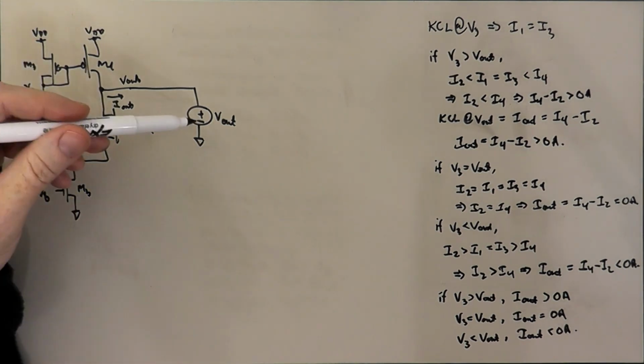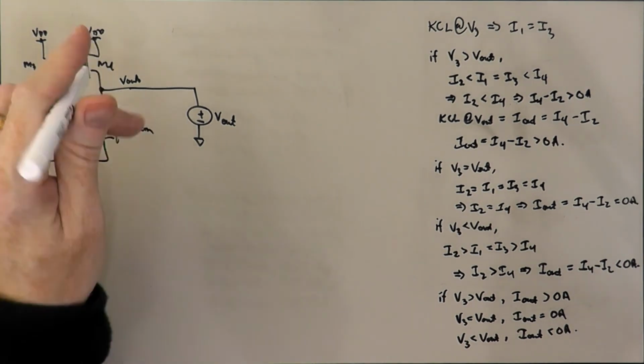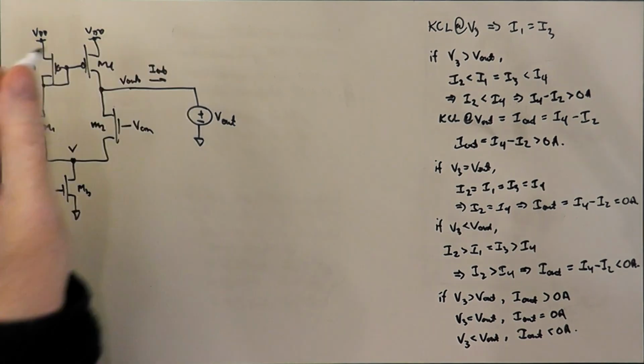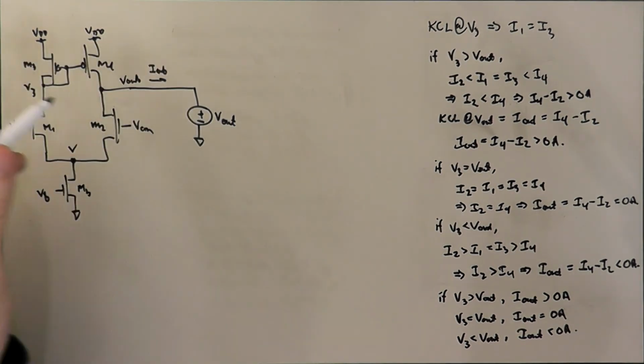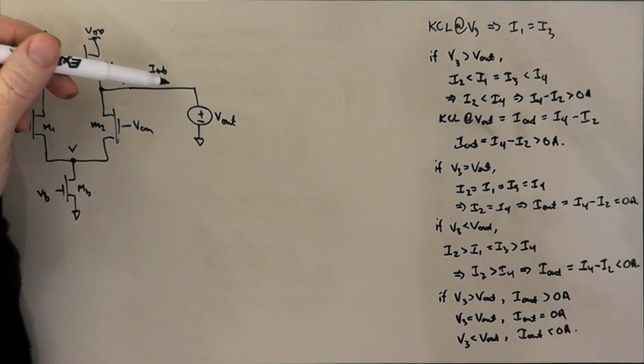If V out is less than V3, we figured out that I out will be positive, right? The current will be coming out of the amplifier. So if V out is below V3, the current's going to flow out.